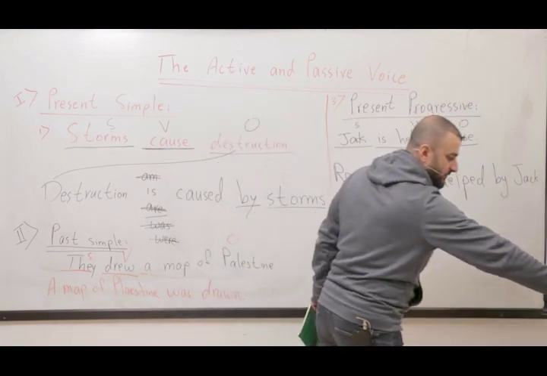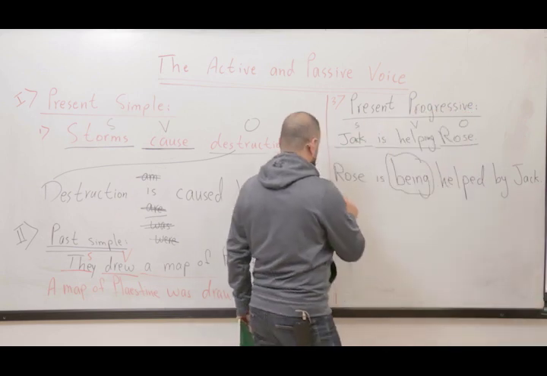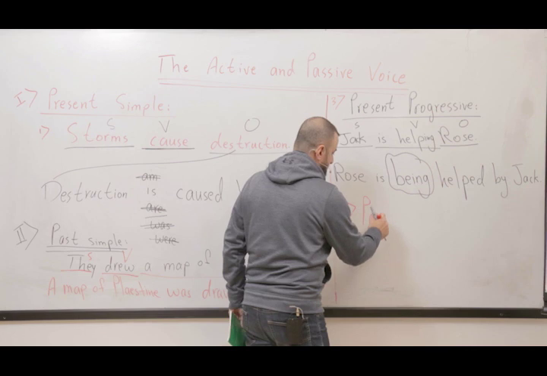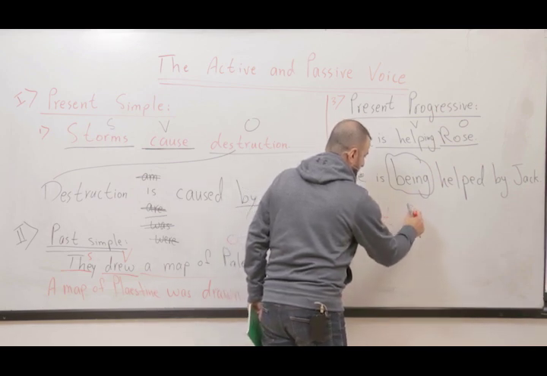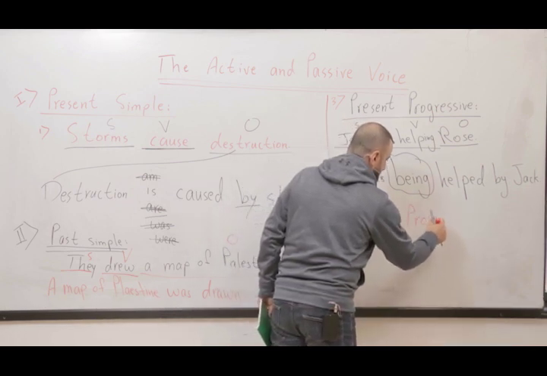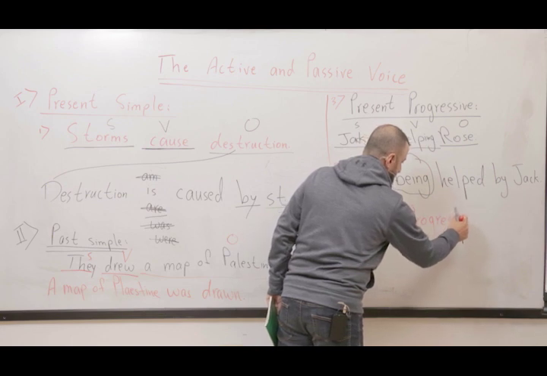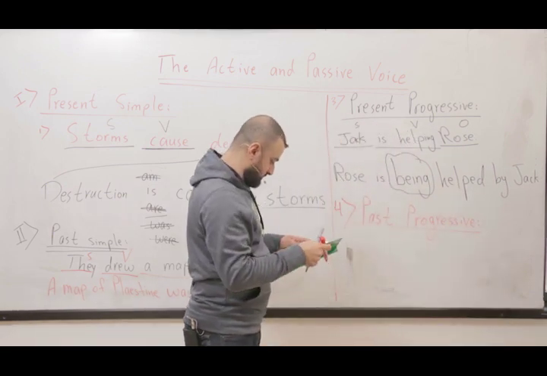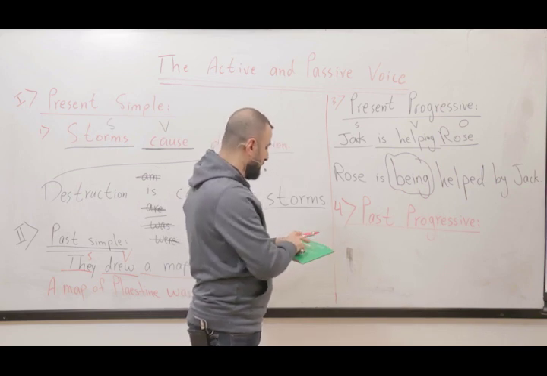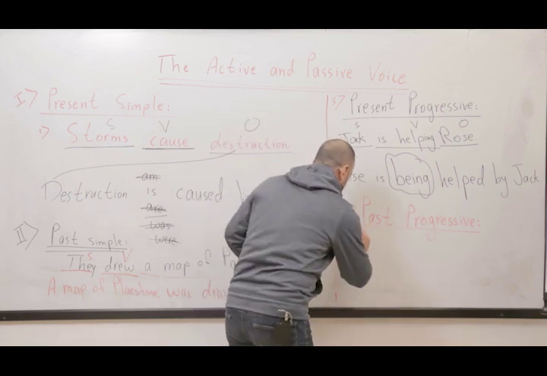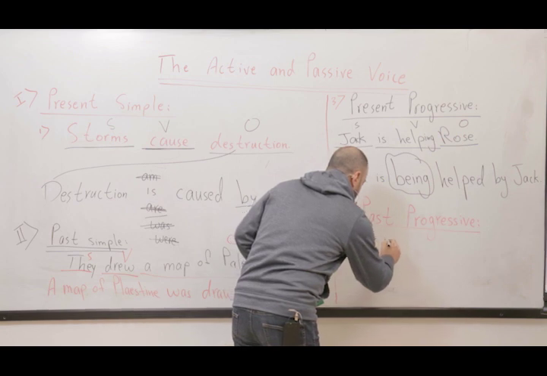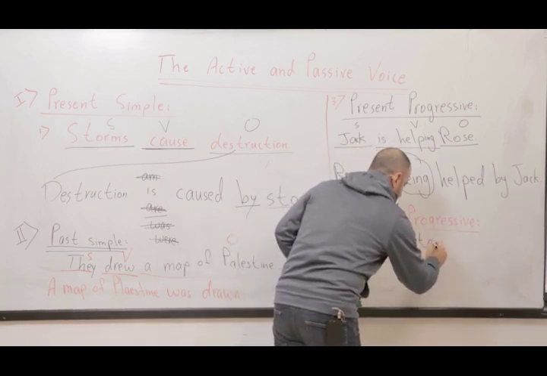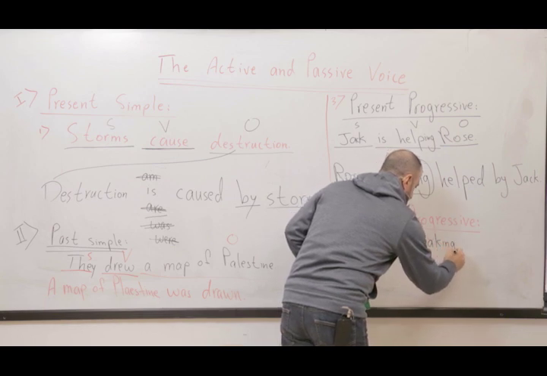Rule number 4, past progressive. For example, we were taking the projects.